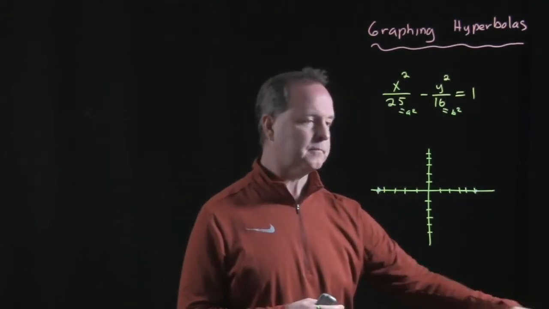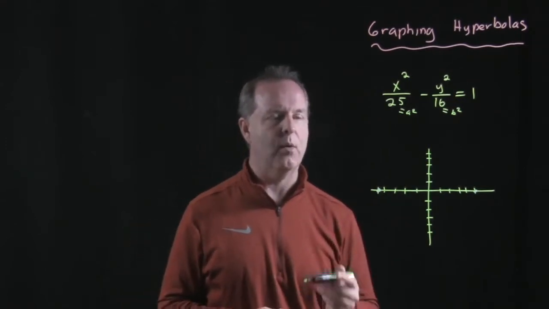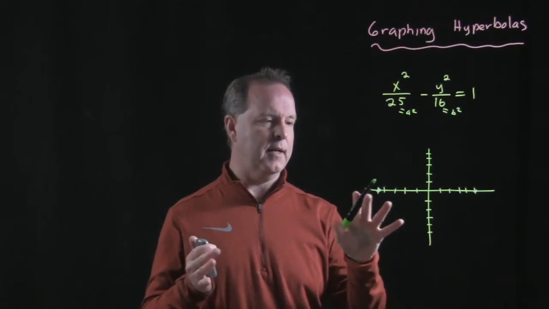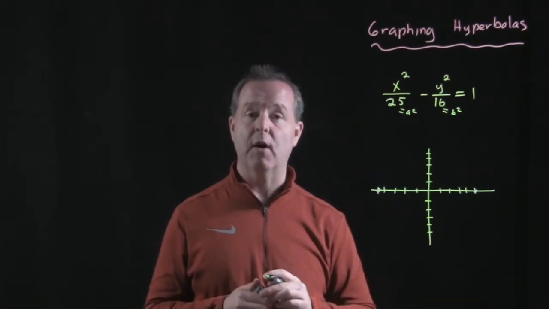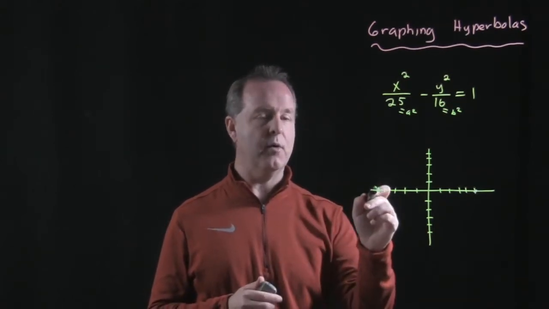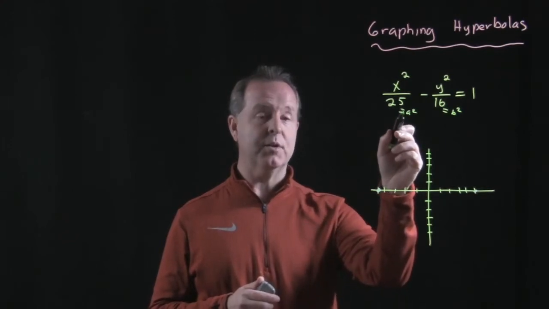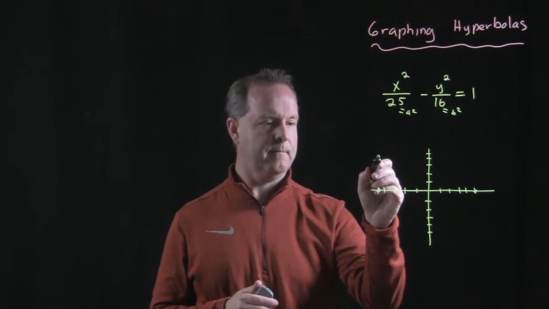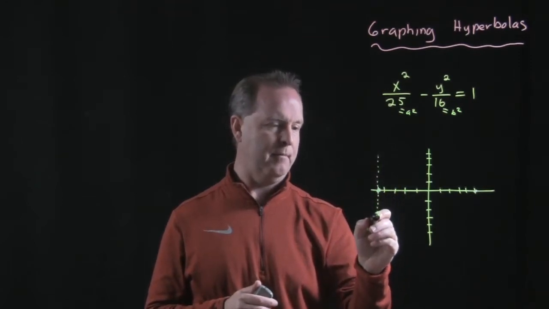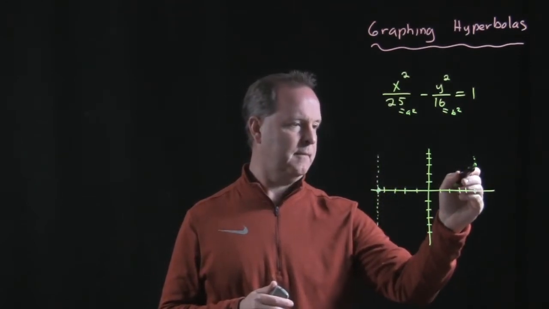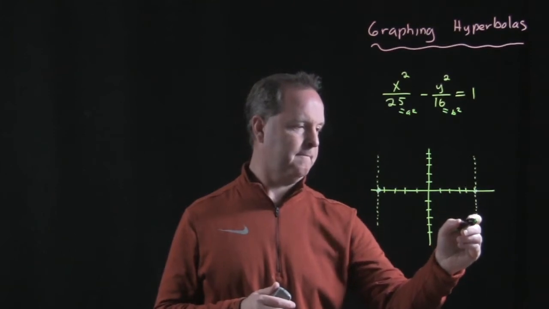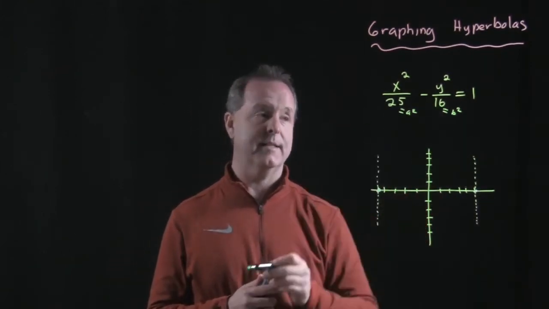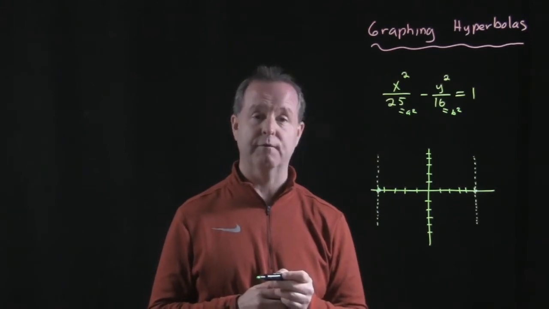That's helpful. The next part I want to do is draw the in-between box. The box is the square that helps me start to develop the asymptotes. So I know that I have a box at plus or minus a, and that was at 5. So I have a side of the box there, and a side of the box here. The top side of the box is reflected by b, by the 16, or in this case, b equals 4.